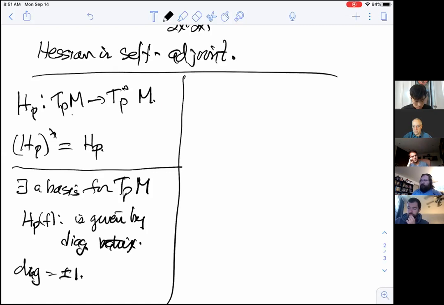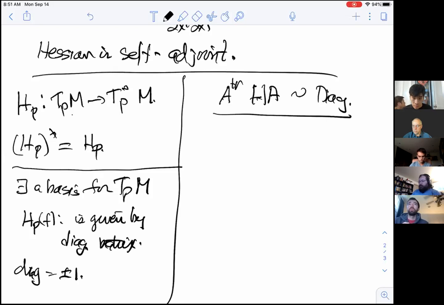You change the basis here and take the dual basis there. In other words, in terms of matrices, the Hessian is some matrix H, and you're multiplying by A transpose A to turn this into a diagonal matrix. And then you can make a diagonal with plus and minus ones down the diagonal.